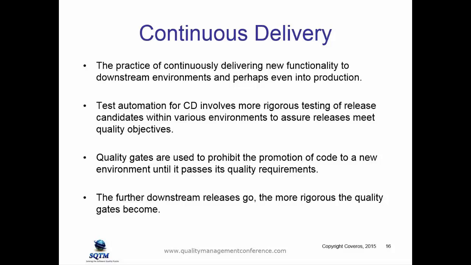We're going to use quality gates in a continuous delivery use case to really prohibit promotion of code to new environments until it passes its quality requirements at a given environment.